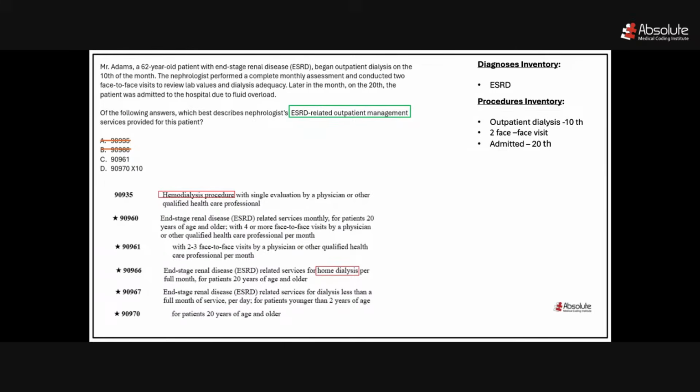Option C is coding for a monthly service, and option D is coding for a per day service.